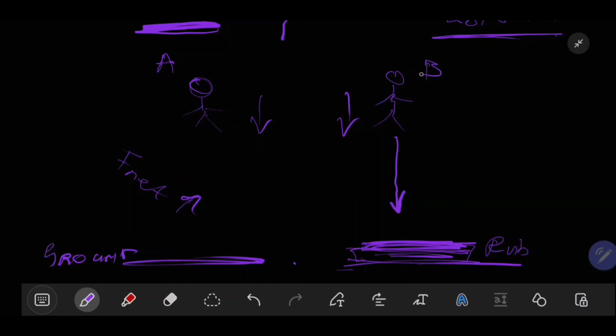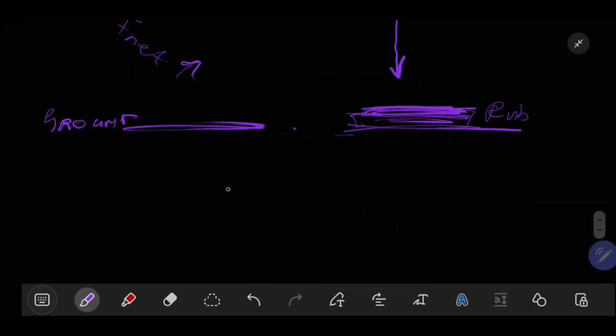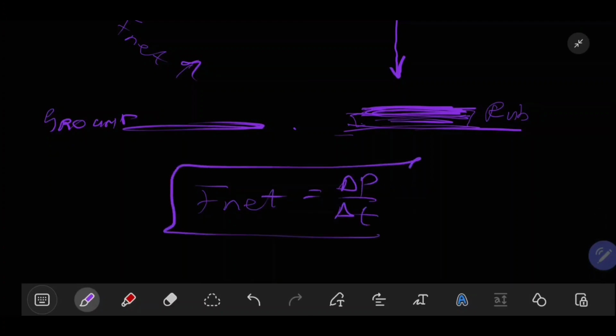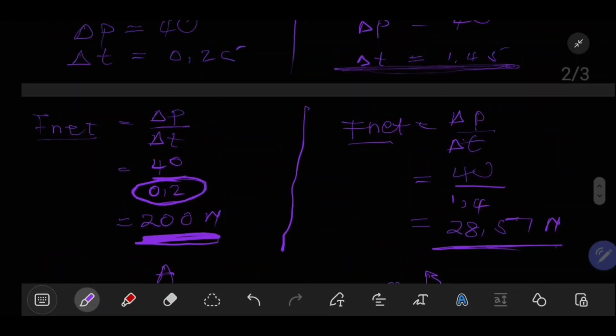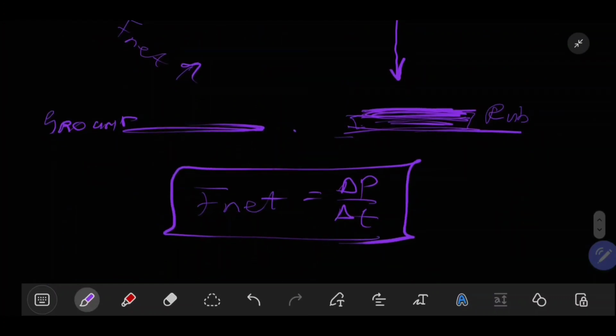I don't know if it makes sense, but obviously the person who has more chance of survival is person B. I hope this formula of F net equals change in P over change in time now makes sense. Because we were in the industry of car manufacturers and now we're analyzing a different scenario.